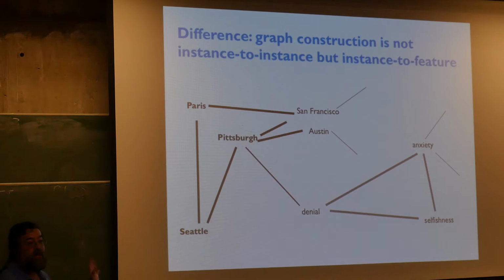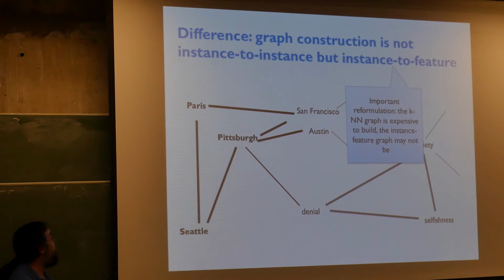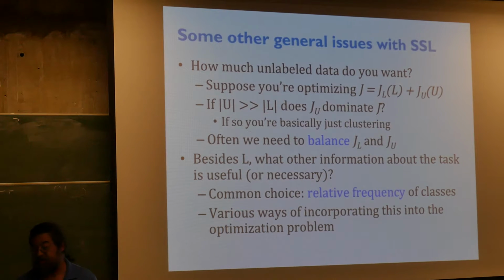So this is not going to be as good in terms of classification accuracy most of the time, but it's much cheaper to build. Usually you don't have the nearest neighbor graph, because constructing it can be an expensive thing to do. It's basically sort of like a soft join operation. So often it's much less expensive to do this sort of semi-supervised learning in practice.